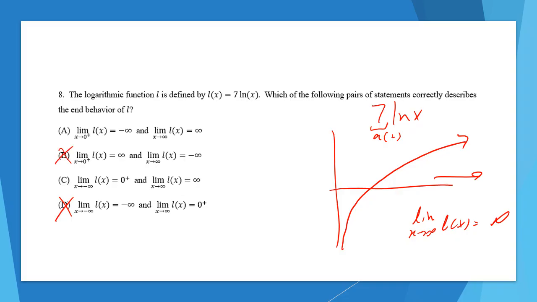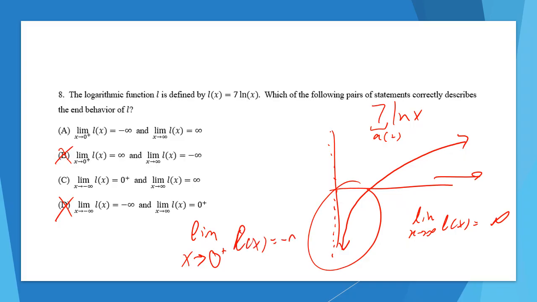And then how would we describe this left part of the graph? This is going to be the limit as x approaches not negative infinity, but 0 from the right-hand side, because it won't cross this vertical axis or asymptote of L of x. This is going to negative infinity. It's going down forever. And so that's going to be option choice A, where C is basically the correct answer, just a little jumbled up.